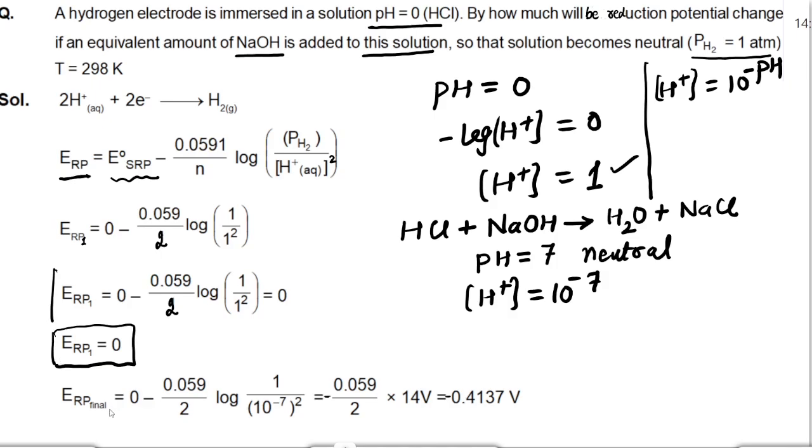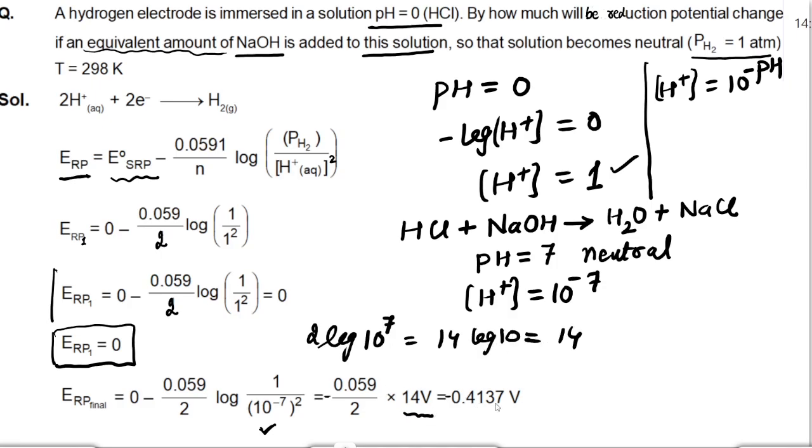And if we add an equivalent amount of NaOH, pH becomes 7. So now H+ concentration is 10 raised to power minus 7. So log of 10 raised to power 7, with 2 into log 10 is power 7, is 14 log 10, and 14 log 10 means 14 only.